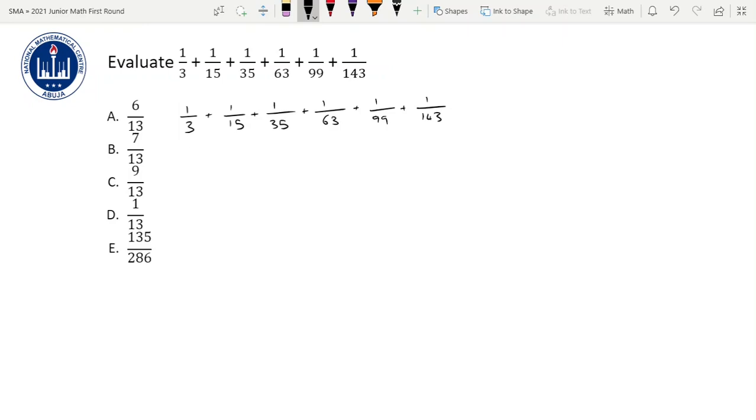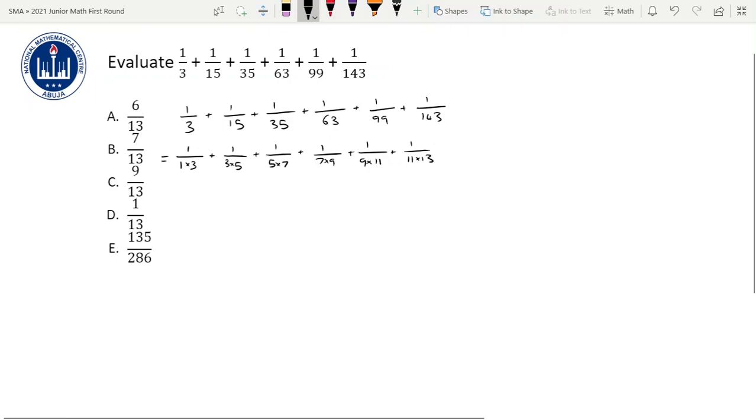So we can write this as 1 over 1 times 3, and then 15 is 3 times 5, so we write 1 over 3 times 5. Then 35 is 5 times 7, so we have 1 over 5 times 7. For 63, we have 7 times 9, plus 1 over 9 times 11, plus 1 over 11 times 13. So this is the same as the sum we were given in the question.